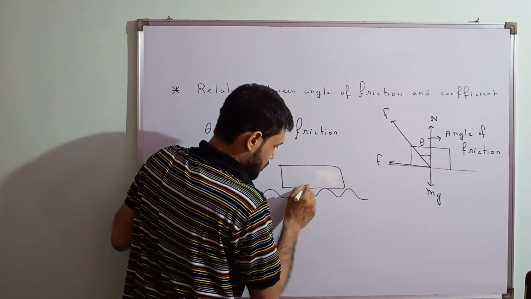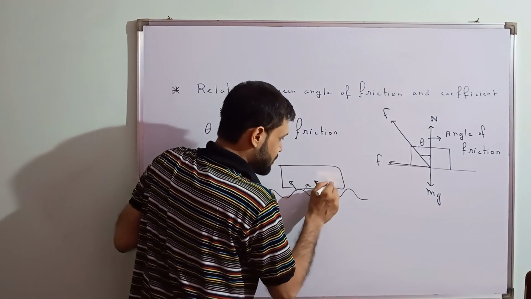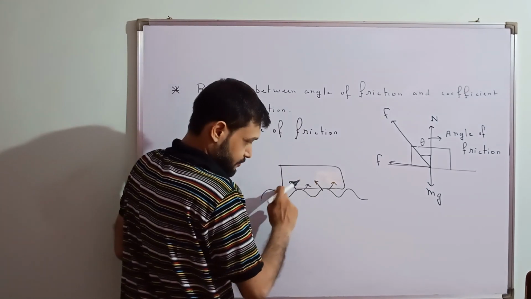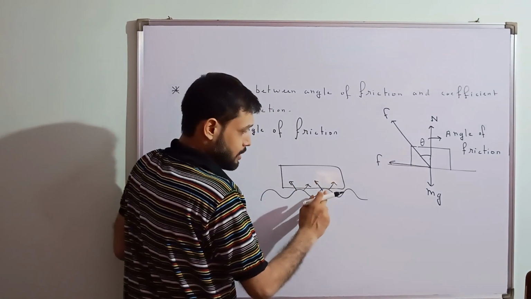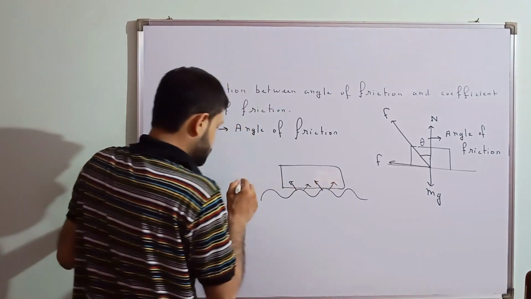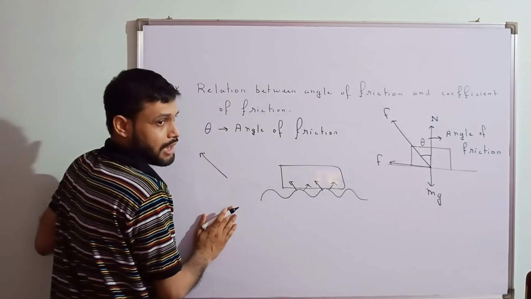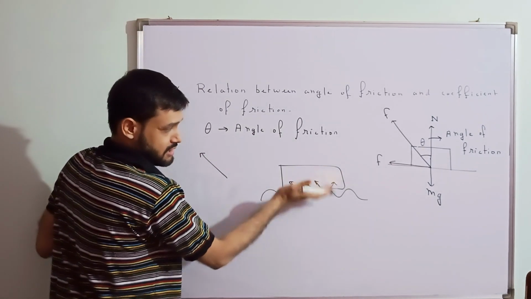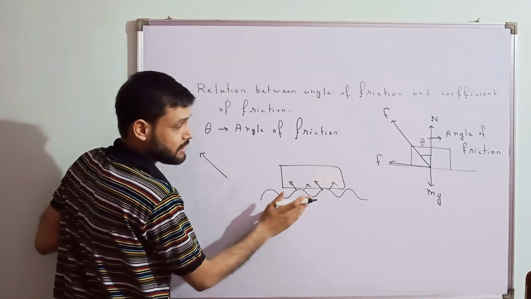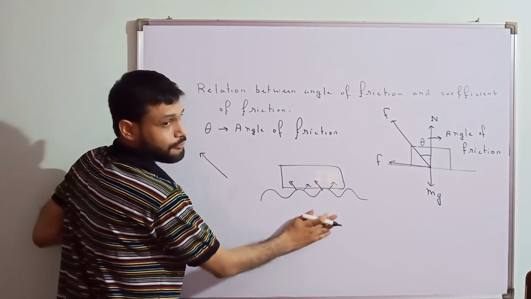This surface will apply a contact force like this, in an arbitrary direction, because the surface is not smooth, not normal. So wherever we are having a contact force like this, the contact force is either in this direction or some arbitrary direction. Are you getting this thing? Because this is applying a force on it. It is supporting this. There may be some force in the upward direction. That's why it stays over here. Otherwise it will fall down. So this is the contact force.